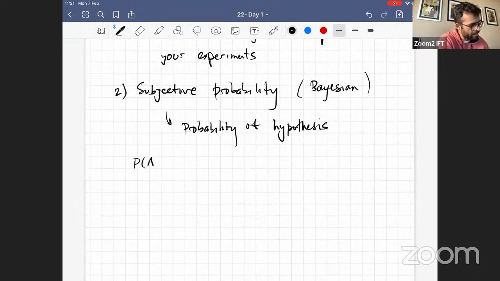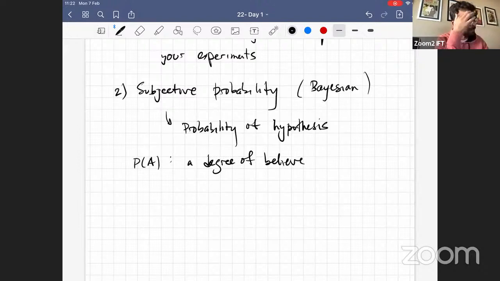For example, my hypothesis A, I am attaching a certain probability, and it is interpreted as a degree of belief that hypothesis A is true.